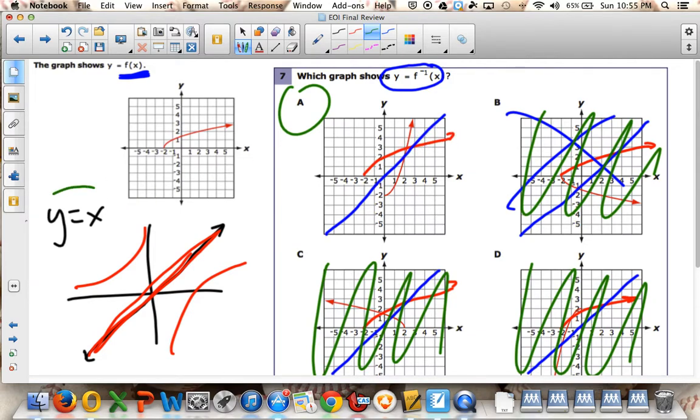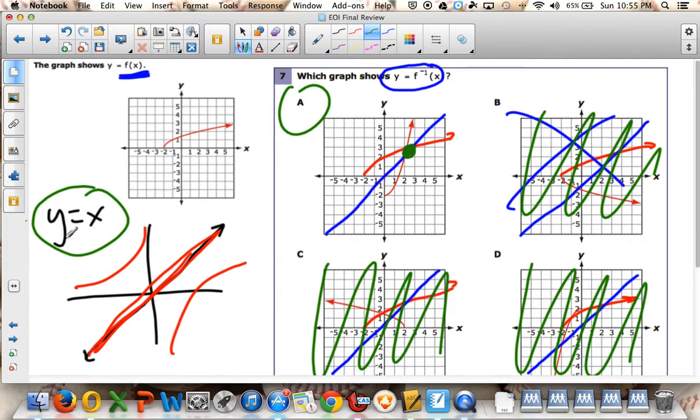Remember, it's symmetric about the y equals x line, and if it crosses the y equals x line, it's supposed to be relatively in the same spot. Now my drawing's off. It's really supposed to be in the exact same spot, which it looks just like here at A.